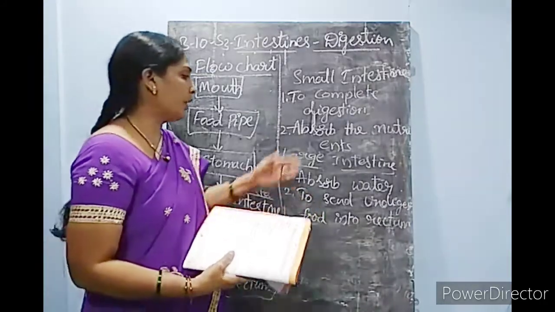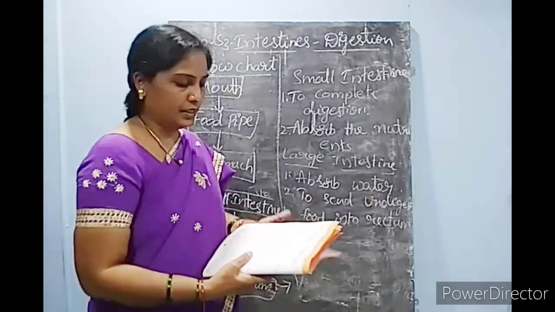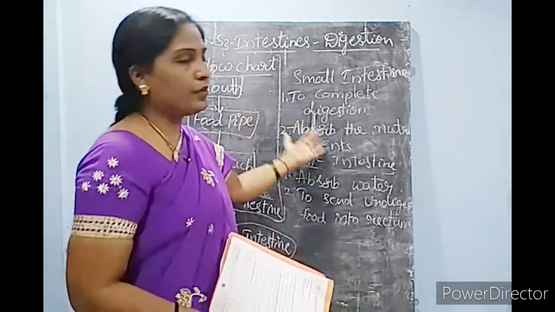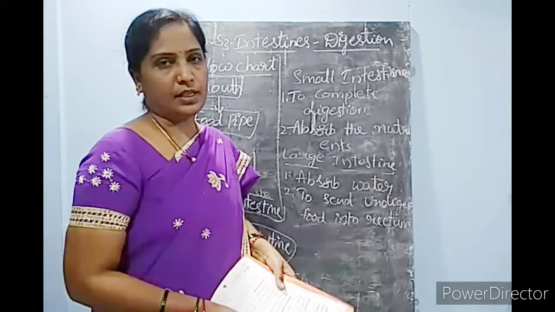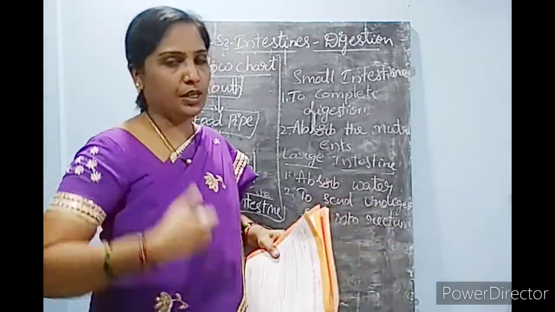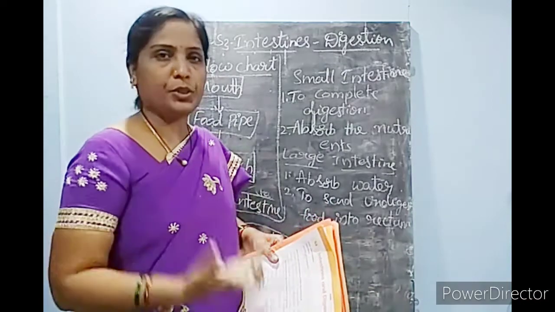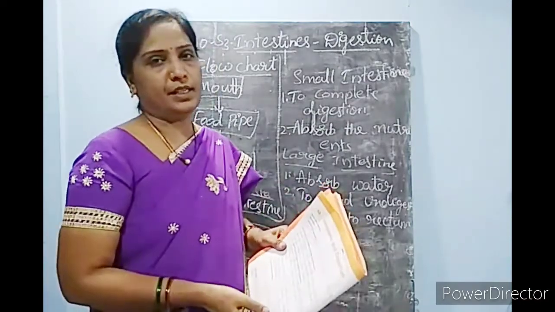So that is the role of your intestines, children. You can write, see from the blackboard, and write in your volume book, or you can also write on your own what you understood from the lesson.